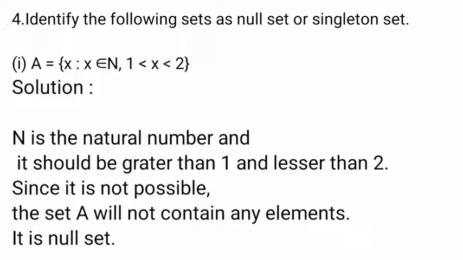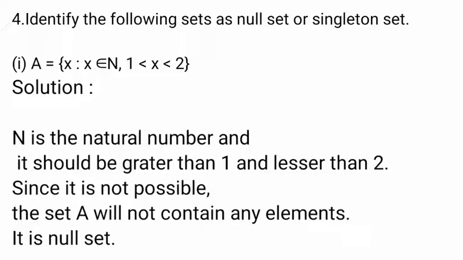Fourth question: identify the following sets as null set or singleton set. First one: A equals x such that x belongs to N, 1 < x < 2. Solution: N is the natural numbers and x should be greater than 1 and less than 2. That is not possible.